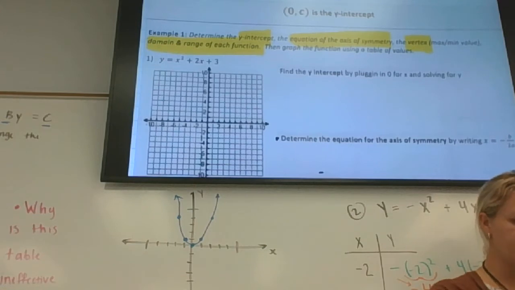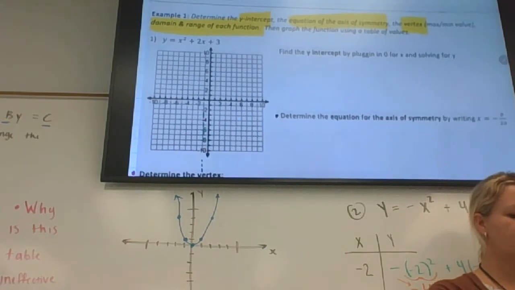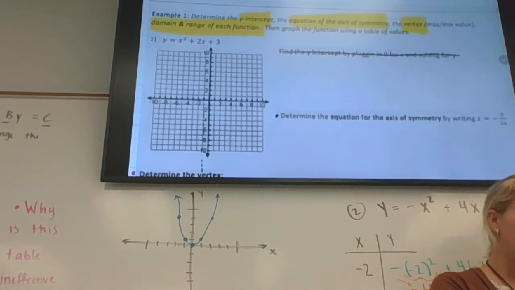Let's start number 1. I'm actually going to cross this out for you guys. It says to find the y-intercept by plugging in 0, but this number right here is the y-intercept.